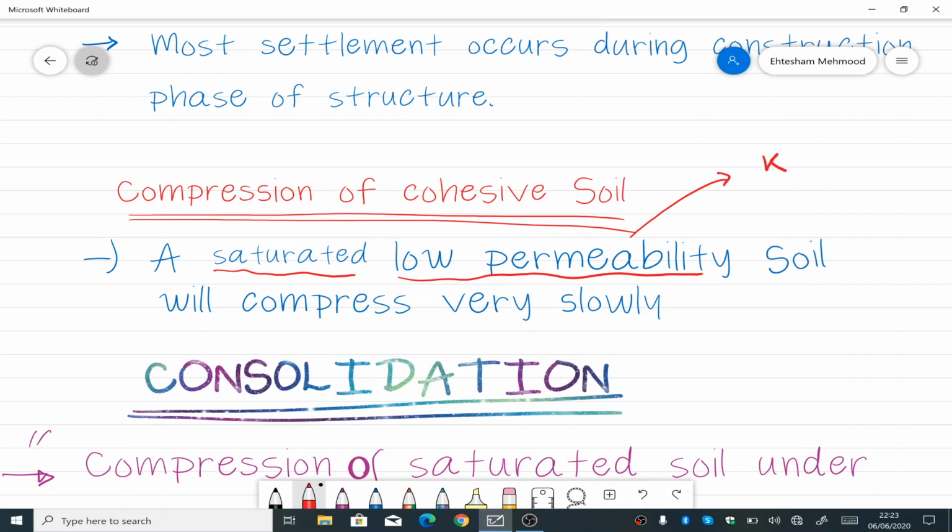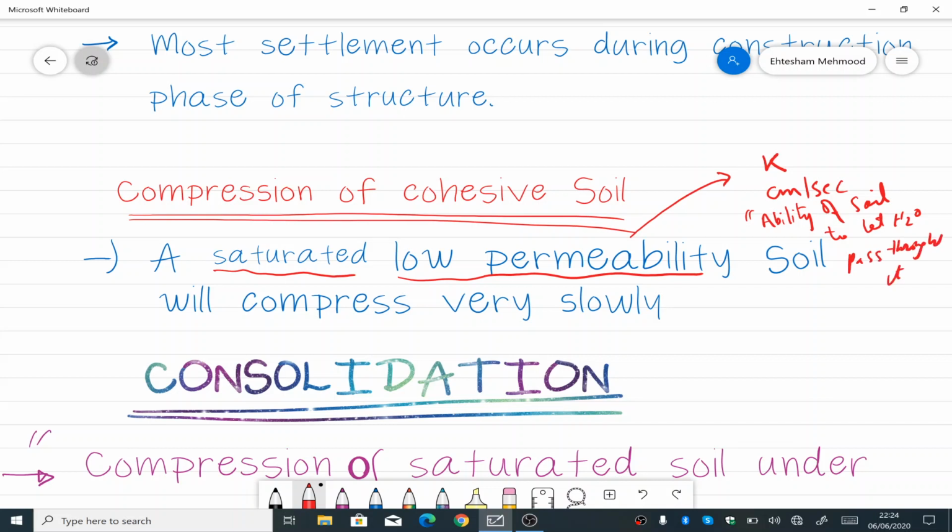Permeability is indicated by K, and it generally has the unit of centimeter per second, and we can say that it is the ability of soil to let water pass through it.